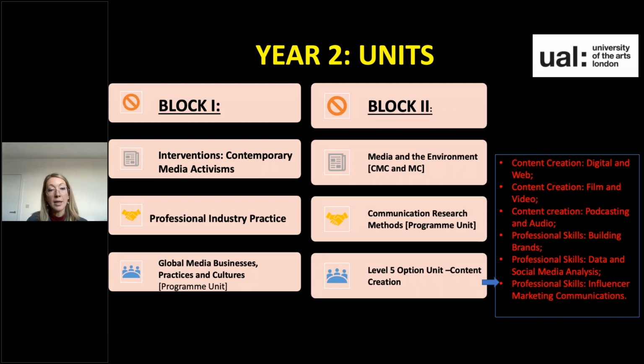Apologies. Then in block one, you also have another 20 credit unit, called Global Media Businesses, Practices and Cultures. In this unit, you will examine the changing ways in which global communications are organized. You will look at the connections between businesses and cultural aspects of the media and creative communications industries. And you also look at the relationship of these industries to other processes of economic, political, social, and cultural change.